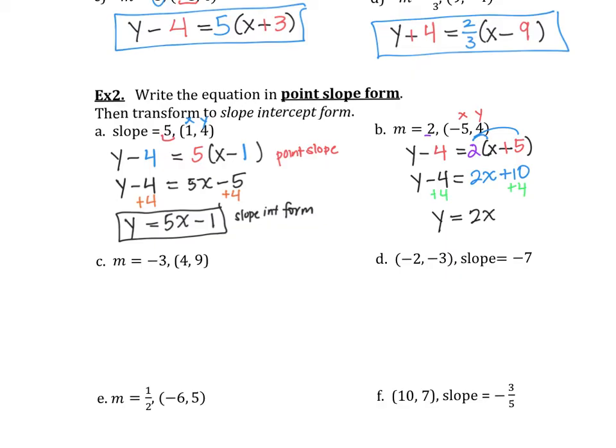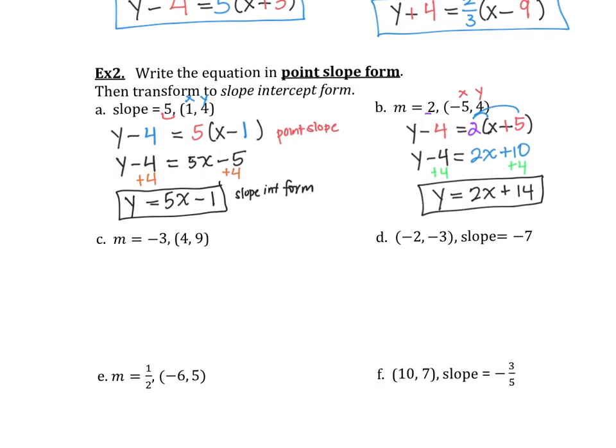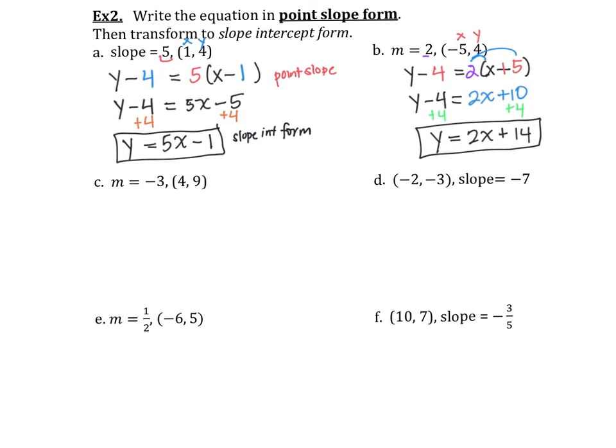Positive 10 and positive 4 make positive 14. So y equals 2x plus 14 is my final answer in slope-intercept form. I'm just adding some negatives.